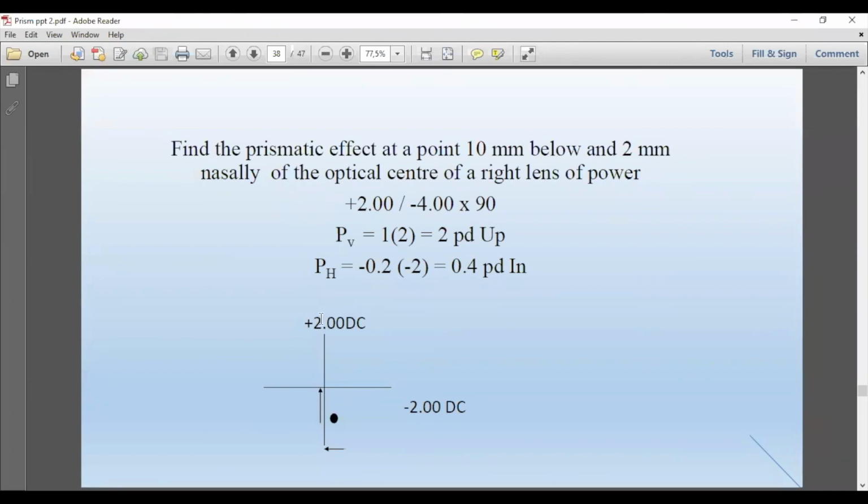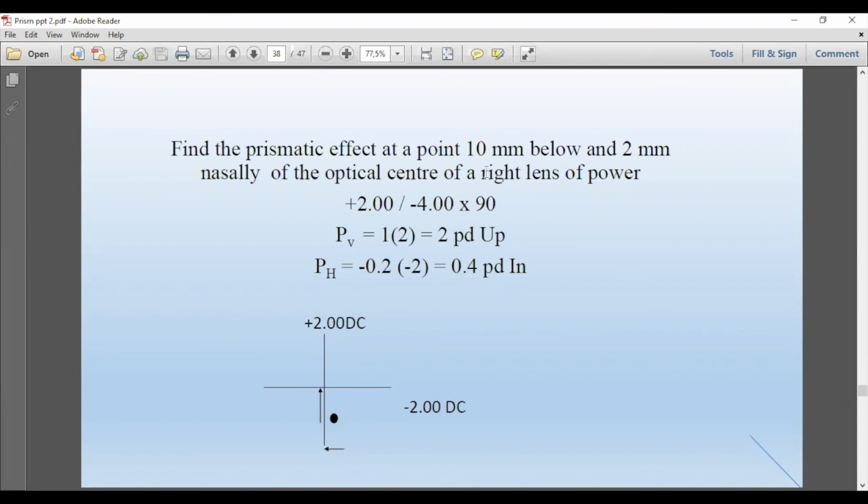In a case like this, this could be a right eye because it's nasally. Now the power is plus 2 minus 4 axis 90. So now we break this up into vertical and horizontal components. So plus 2 minus 4 is plus 2 in the vertical. It will be negative 2 in the horizontal. And now we use P vertical.